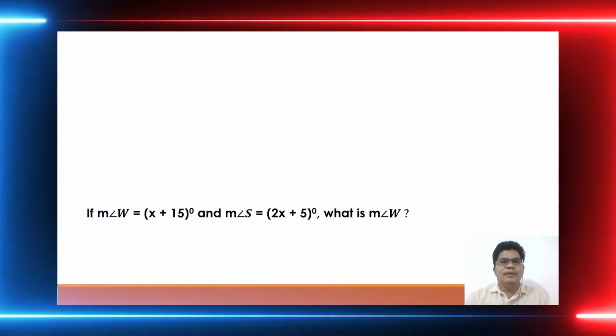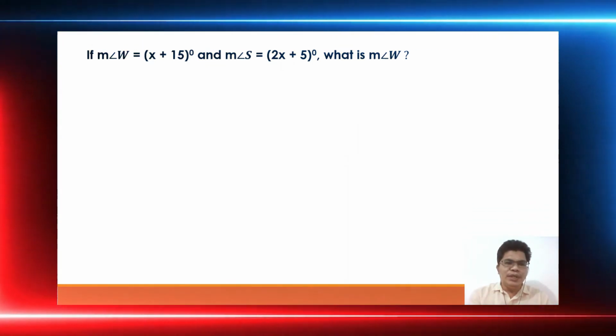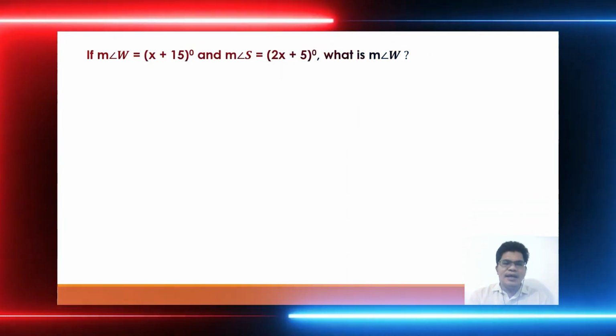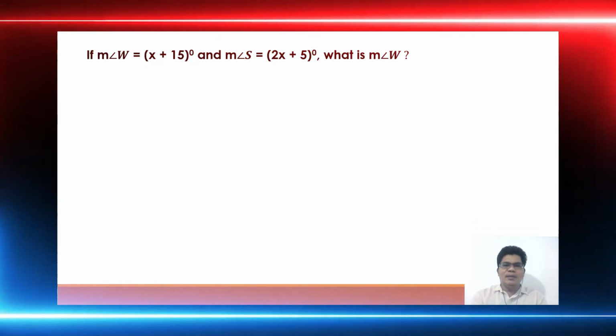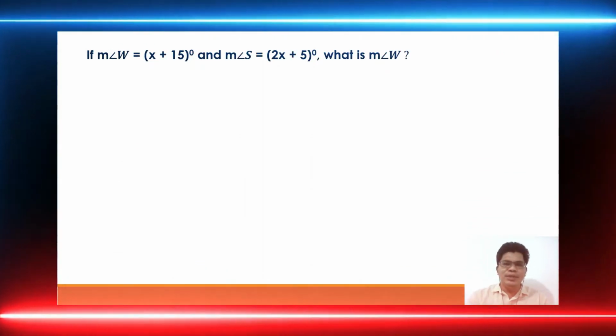Now, let us proceed to example number 1 and use a parallelogram WISH. The problem is, if the measure of angle W equals x plus 15 degrees and the measure of angle S equals 2x plus 5 degrees, then what is the measure of angle W?